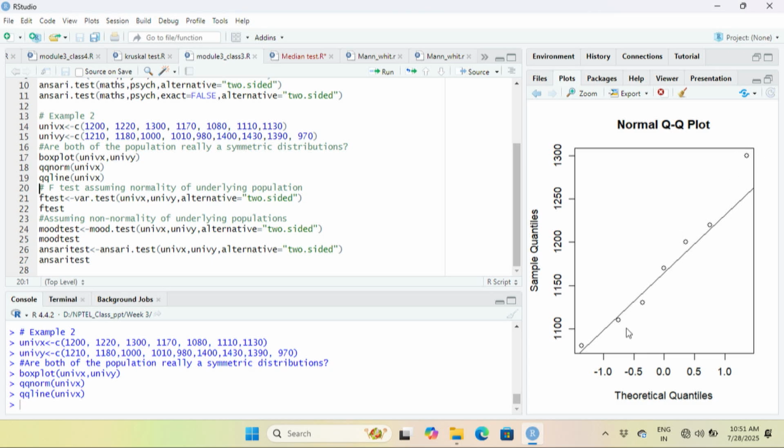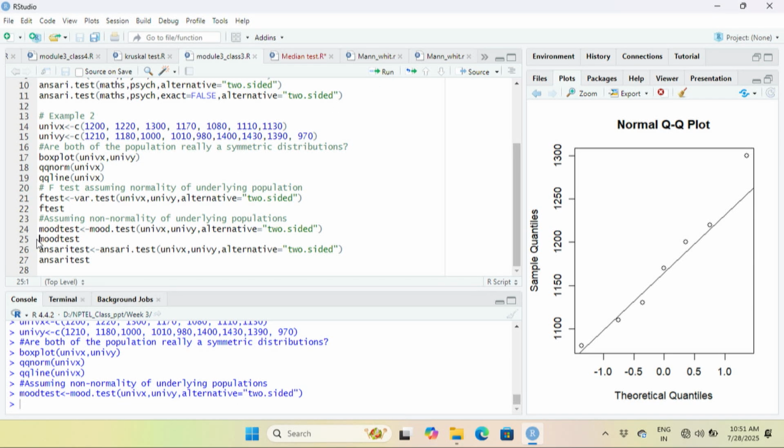You will see almost all of the points fall on this line. So one can assume that the first university is from the normal distribution. But for the sake of our learning session, let us assume that both of them are from a non-normal distribution. Okay, so let's get down to the mood test.